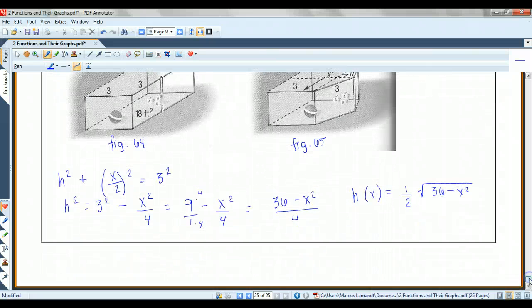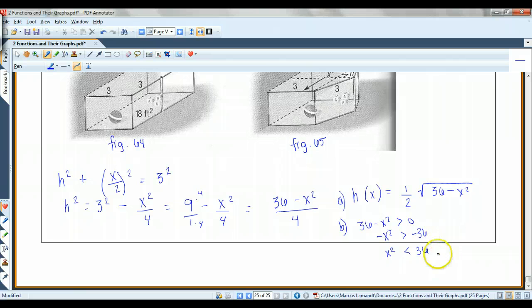Find the domain of A. Well, the domain, this has to be greater than 0. So 36 minus x squared has to be greater than, or actually not even equal to 0, just greater than 0. If I subtract 36 from both sides, I get negative x squared is greater than negative 36. I divide by negative 1, this changes.